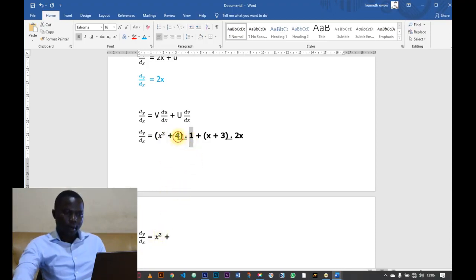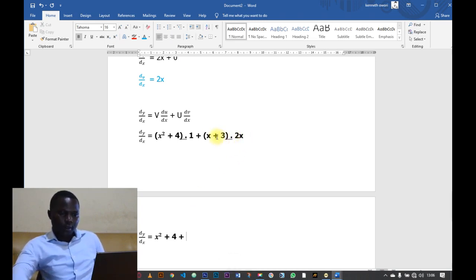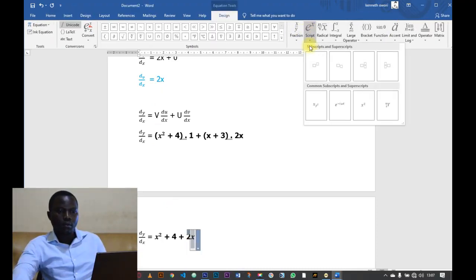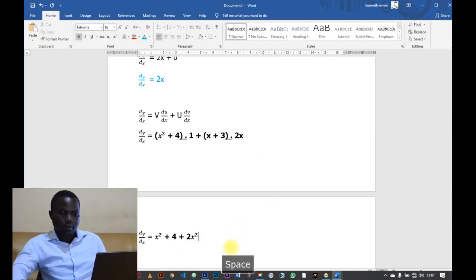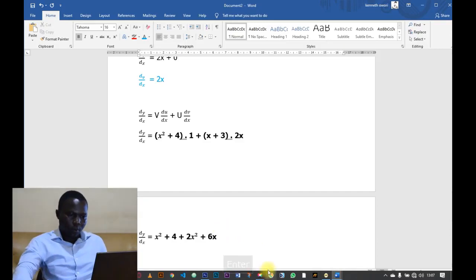Now we are multiplying 1 by 4, and we get 4, plus 2x times x, we get 2x squared, plus 2x times 3, we get 6x. So we can collect like terms.